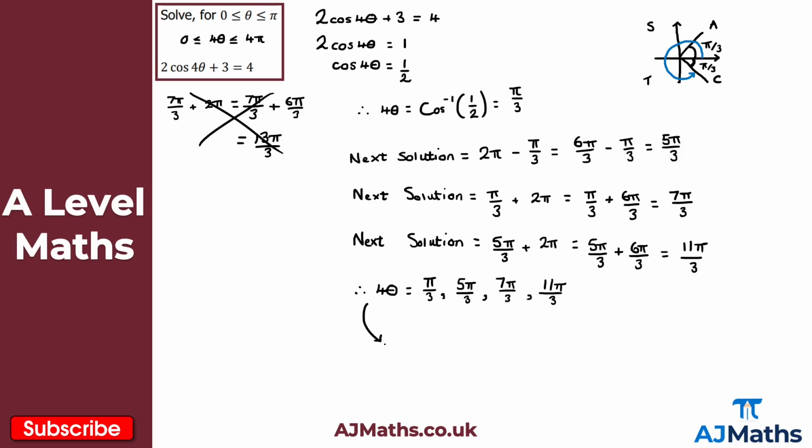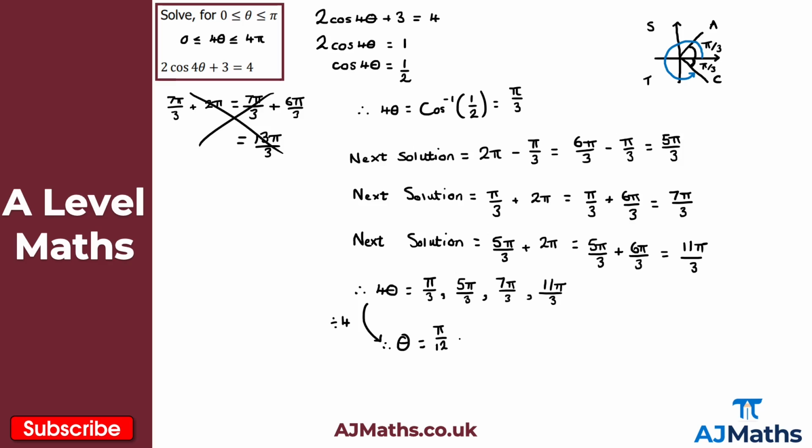So in that case then, theta is equal to, well, if we divide through by 4 here, if I've got pi over 3 and I divide that by 4, that's just the same as timesing by a quarter. So pi over 3 times by 1 over 4, I get pi over 12.